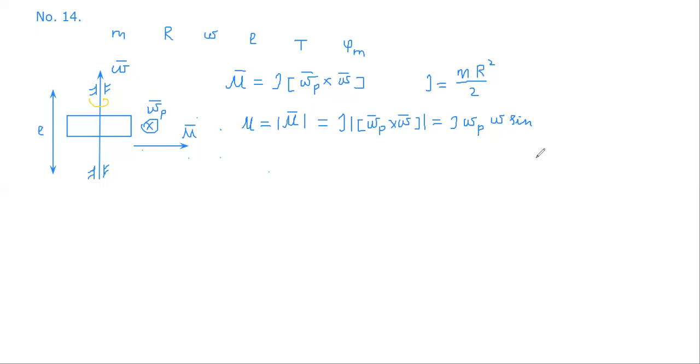Nobody knows. But omega is in the screen and omega p is perpendicular to the screen. So according to this picture, omega is perpendicular to omega p, because omega is in the screen and omega p is perpendicular to the screen.